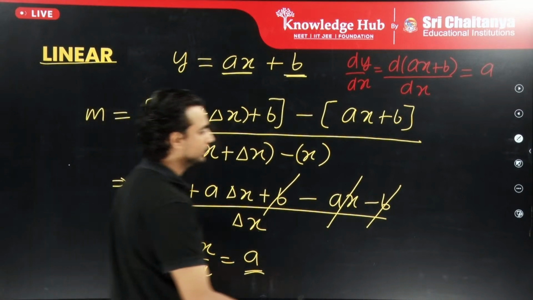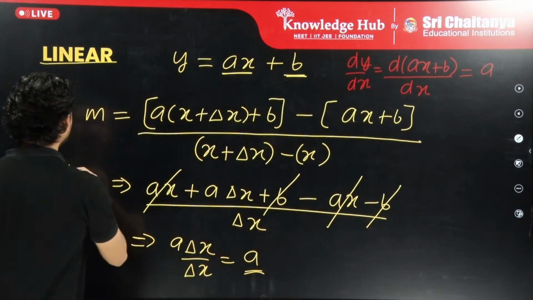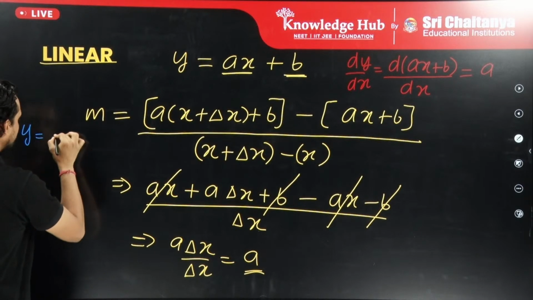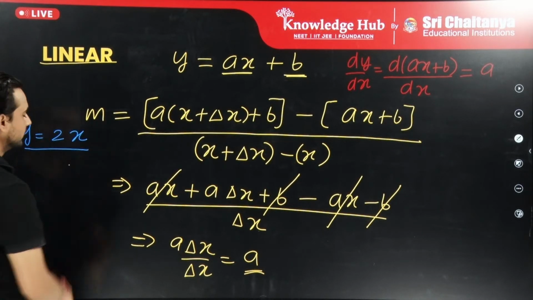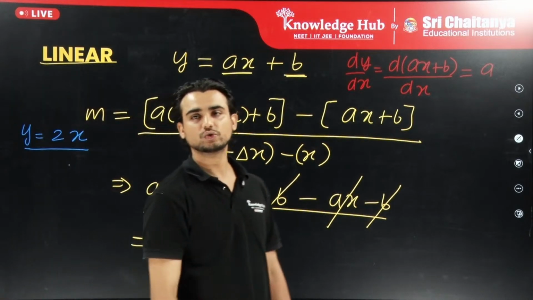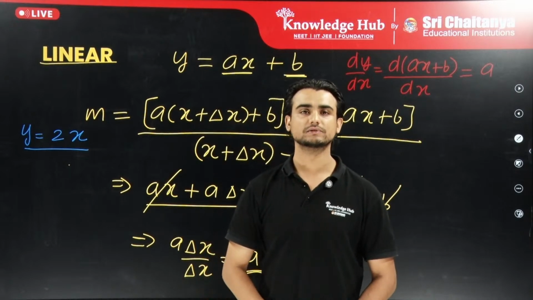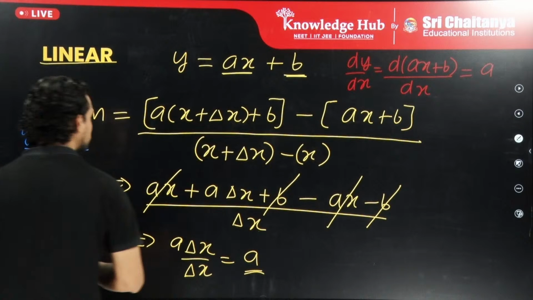Let's do a small question. Let's say my function is y equals 2x. If I want to find the derivative of this, what will it be? Please pause the video and try to think.